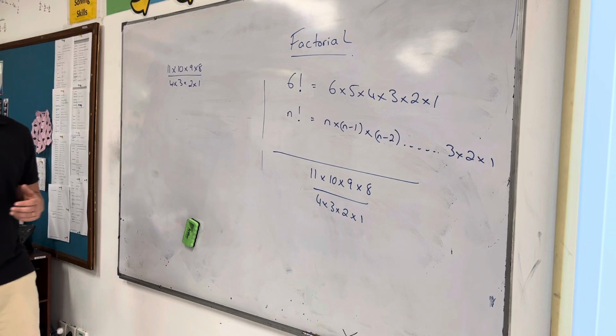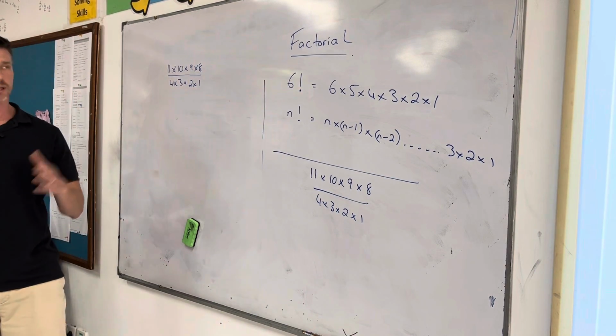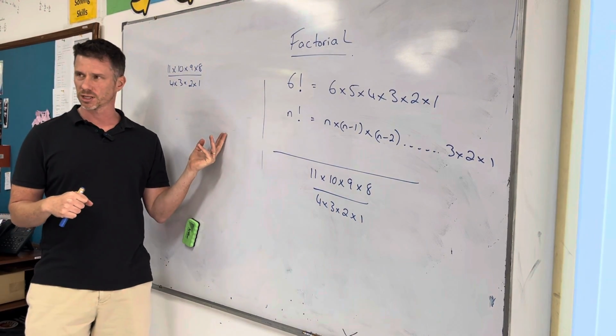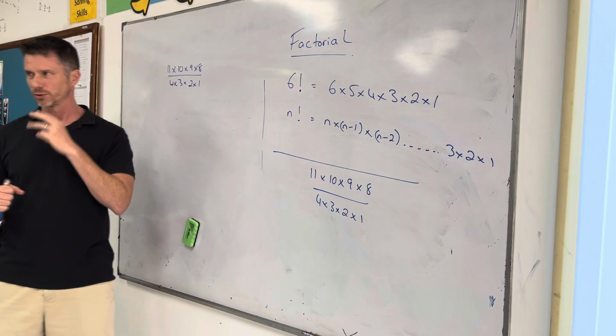Hint here, you're going to have to use more than 2 factorials. The last one had 9 factorial divided by 6 factorial. Now we're going to need probably a third factorial to make it work.